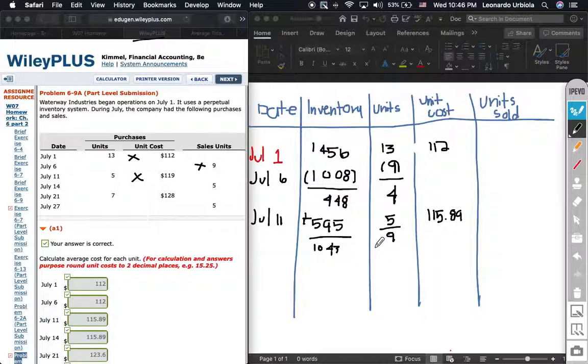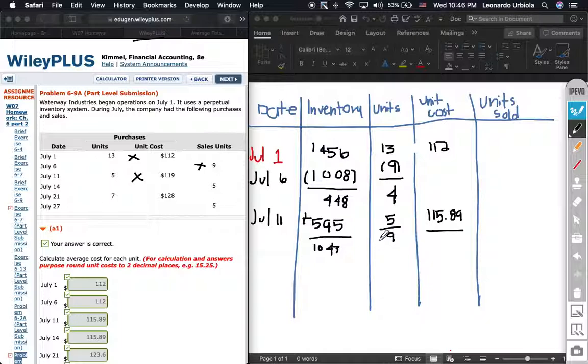Now let's move on to July 14. It says here that we sold 5 units. So here we sold these 5 units at this unit cost.